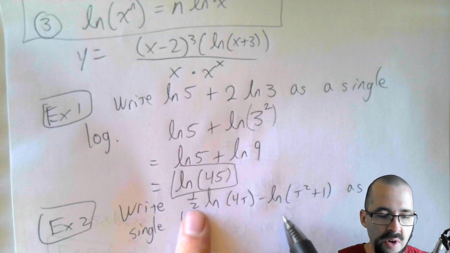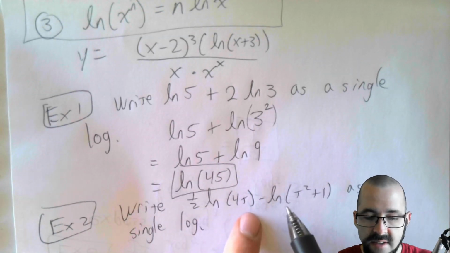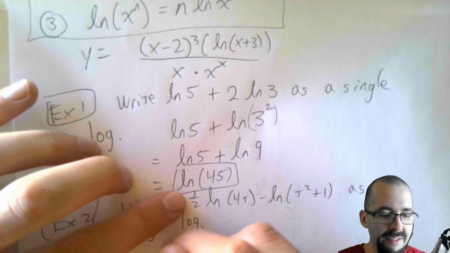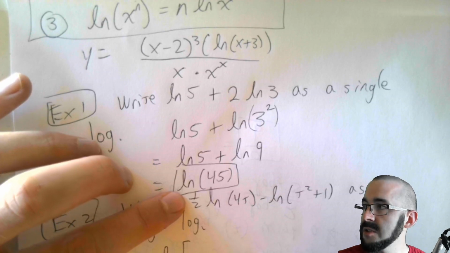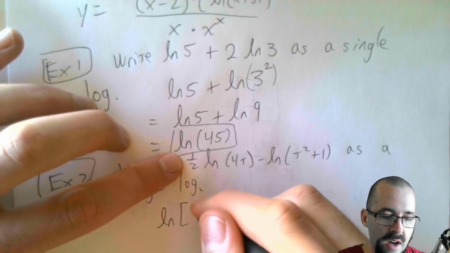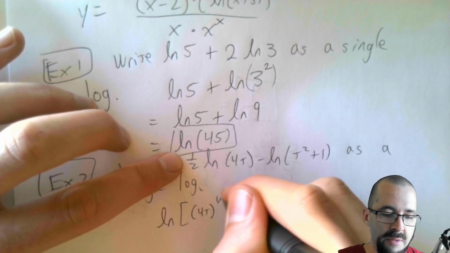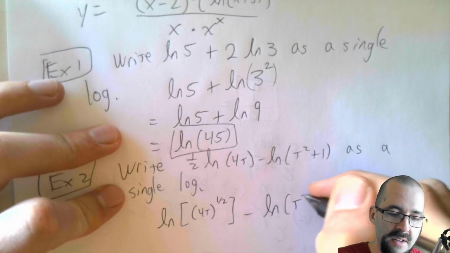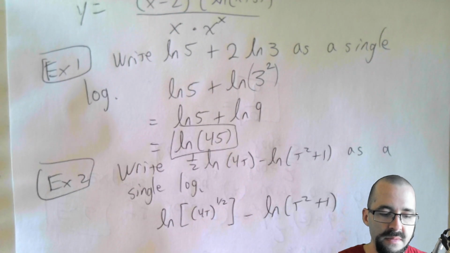So again, we have coefficients. They're being subtracted this time. We have to deal with the coefficients first. So 1/2, that's going to become our new exponent. We'll have the natural log of 4t raised to the 1/2 power minus this other one, which is already fine, t squared plus 1.